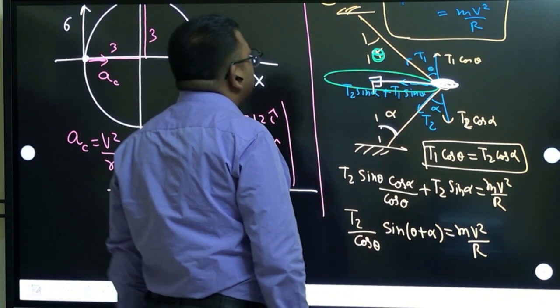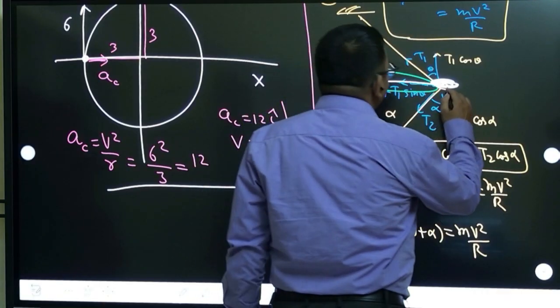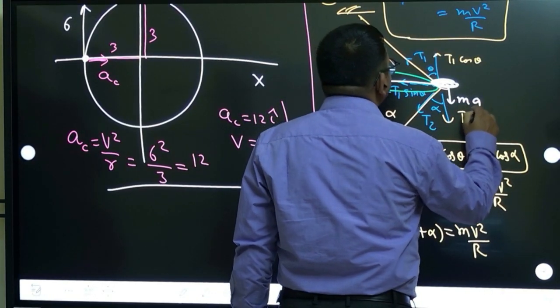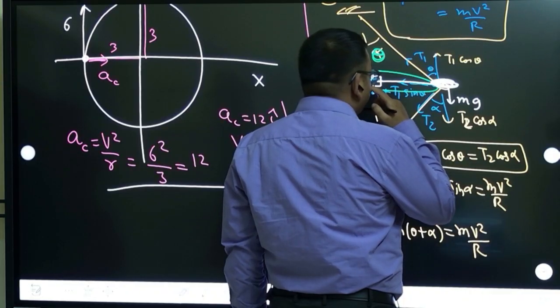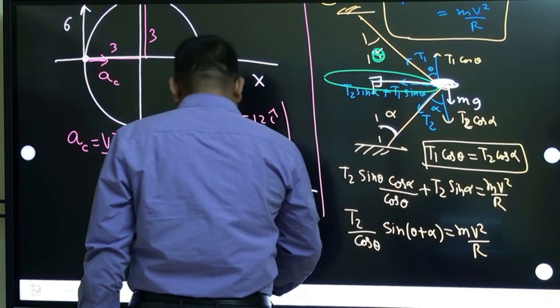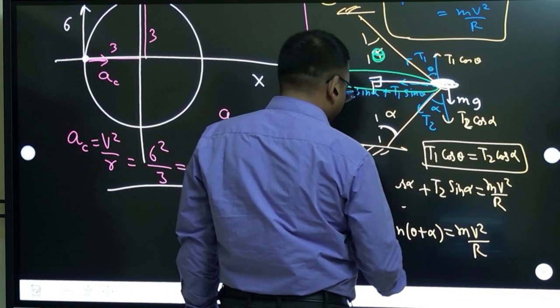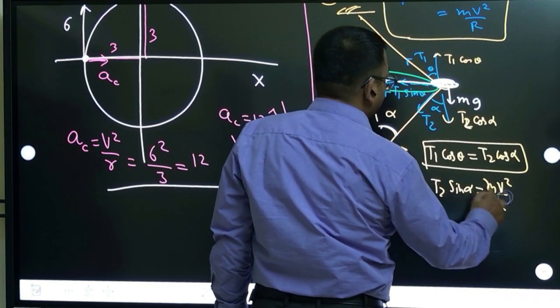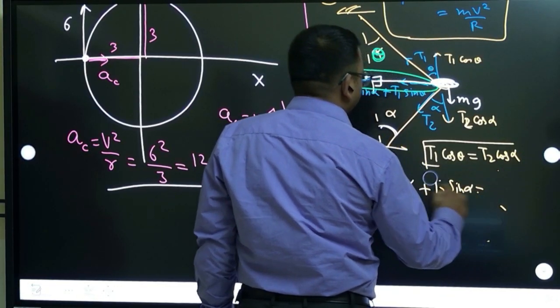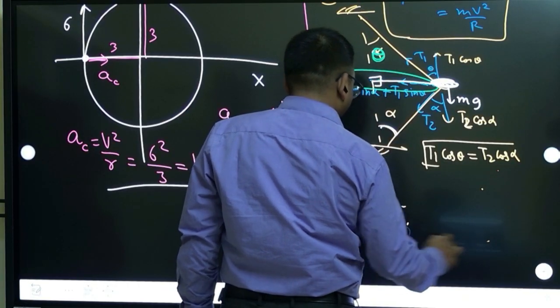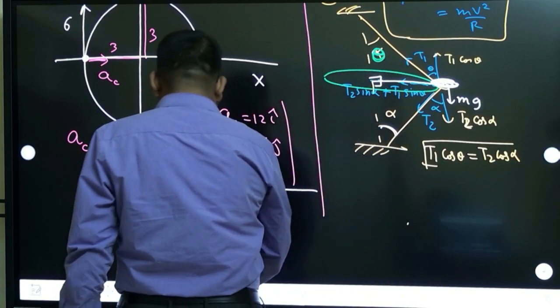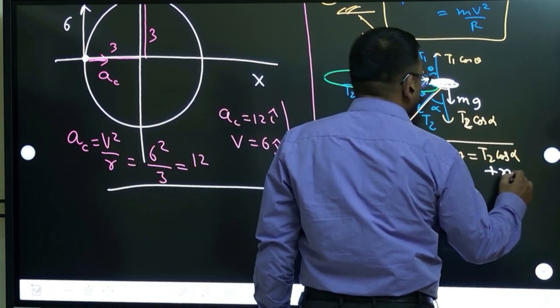Did we draw the proper diagram? I think we have not drawn mg. This mg also must be there. I think they are not equal, so we have to consider the effect of mg also. If you take the mg effect, mg is also there.